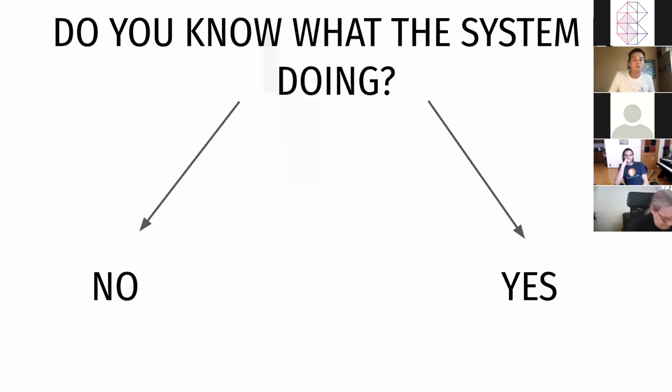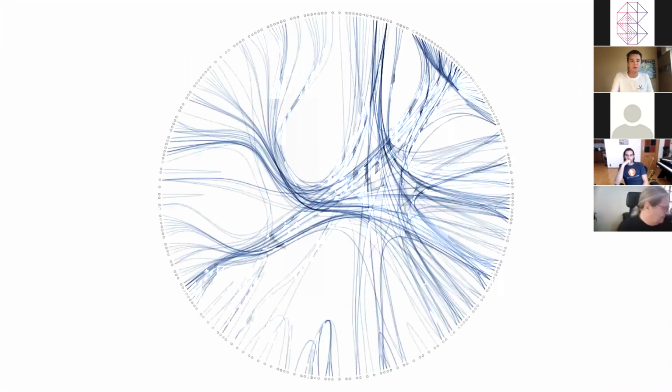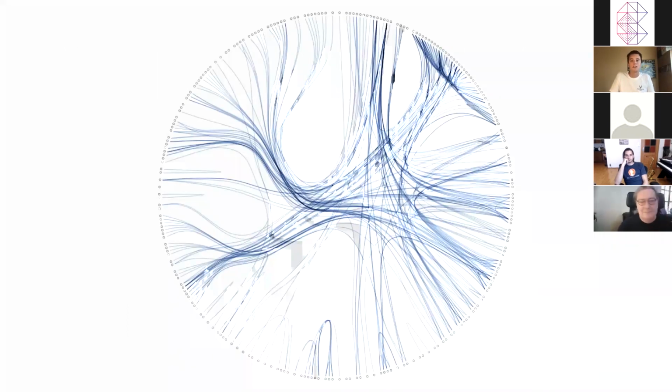Since we covered the path where we don't know what the visualized system is doing, let's do the opposite and see how hierarchical edge bundling can help us with a system that we do know and understand. So let me show you another graph of a project that I had a chance to see. This project was facing two problems, despite using both Absinthe and Phoenix together with the context.